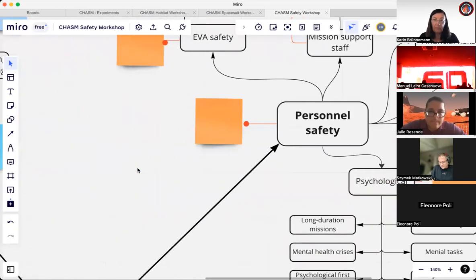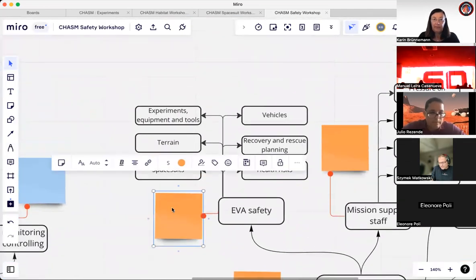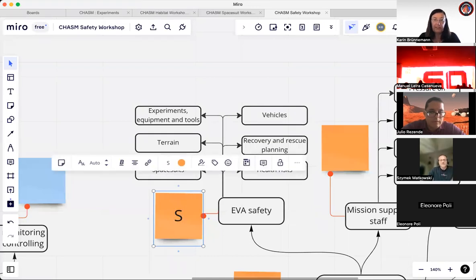Okay. Yeah, checklist, safety checklist. Yeah, during EVA, absolutely.